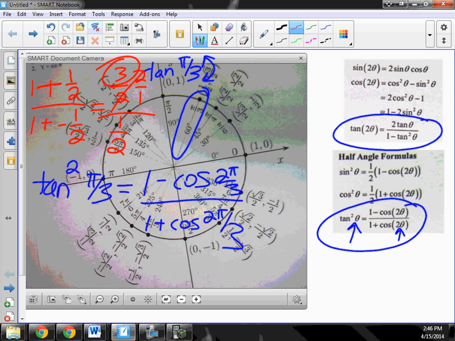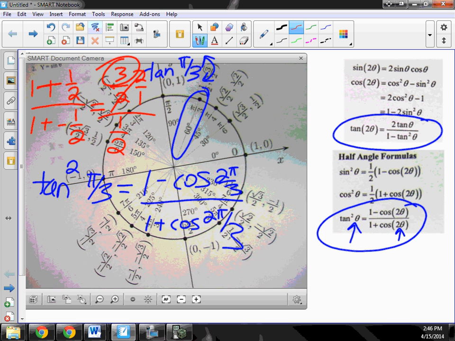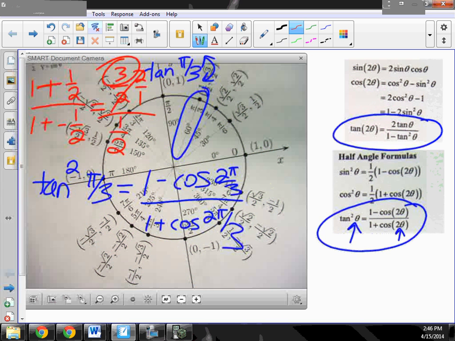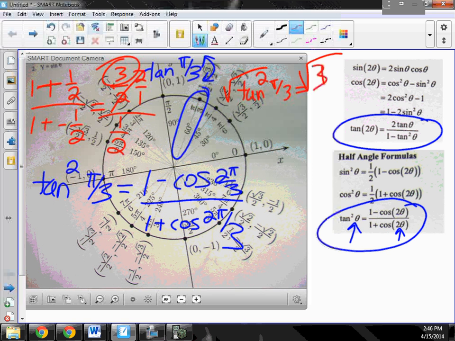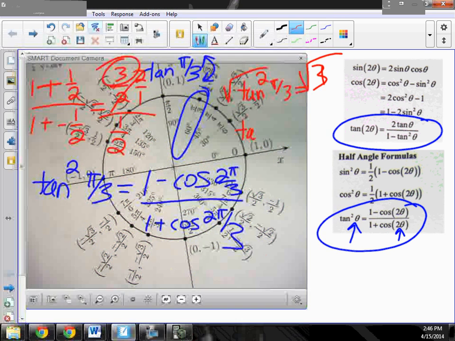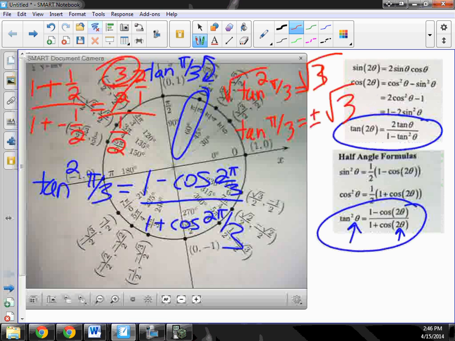Wait a minute. What did I do wrong? Oh, sorry. Tangent squared of pi over 3 equals 3. So now I have to square root. That makes more sense. Tangent of pi over 3 equals plus or minus root 3. What quadrant am I in?